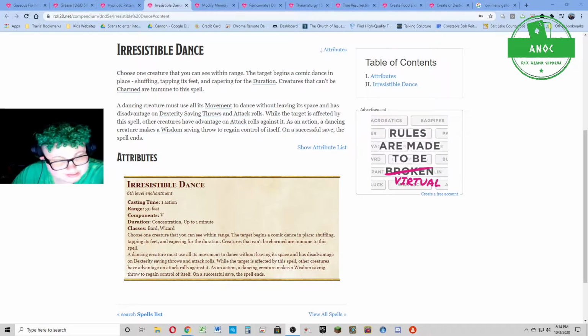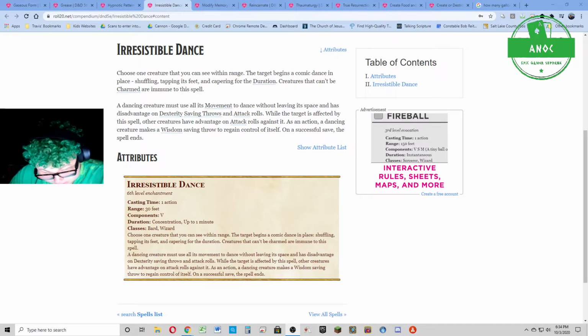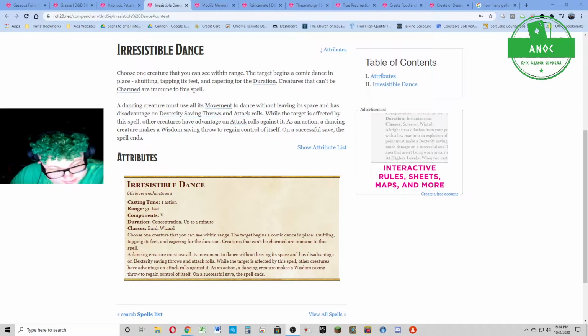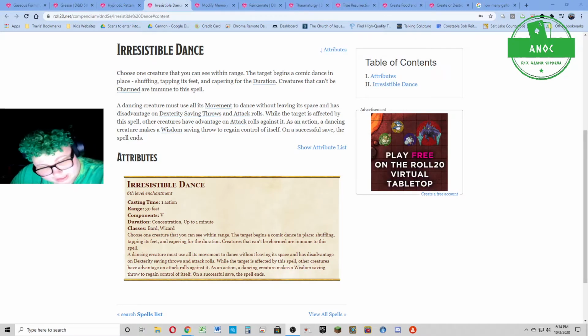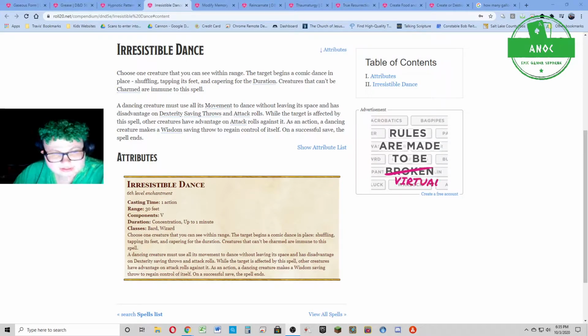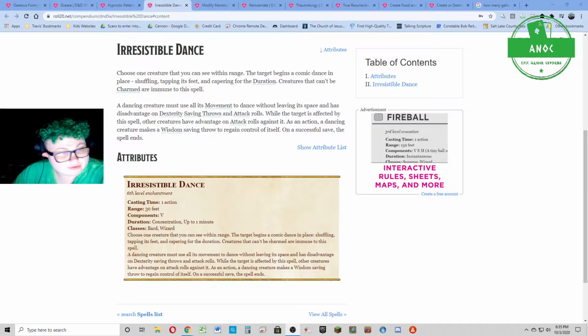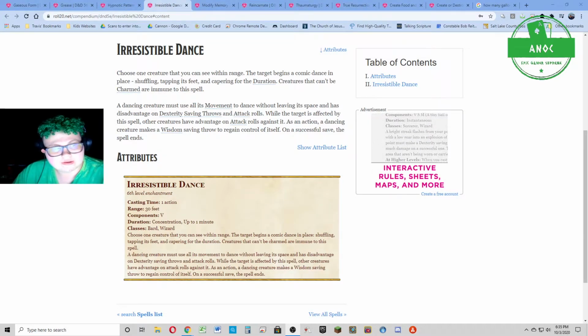While the target is affected by this spell, other creatures have advantage on attack rolls against it. As an action, a dancing creature makes a wisdom saving throw to regain control of itself. On a successful save, the spell ends. Now, every round is 6 seconds, which means this lasts for a total of 10 rounds.